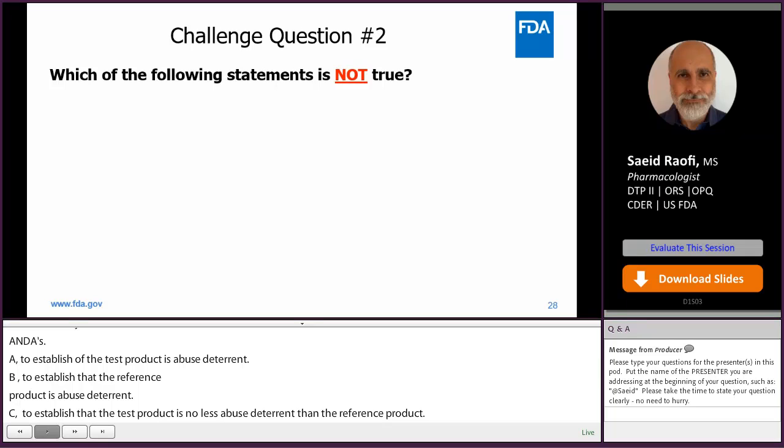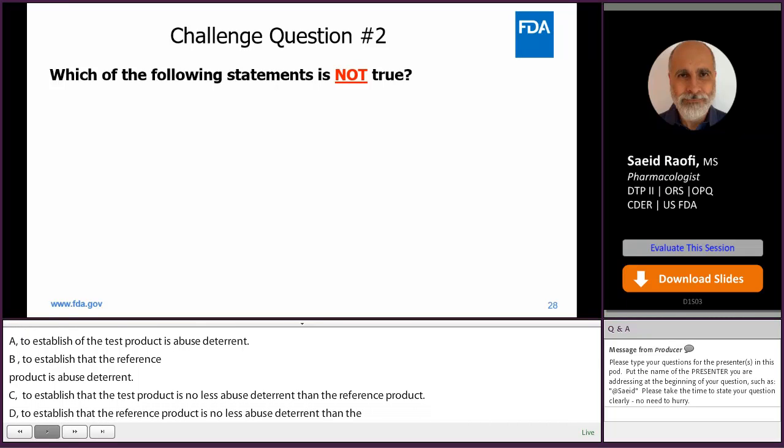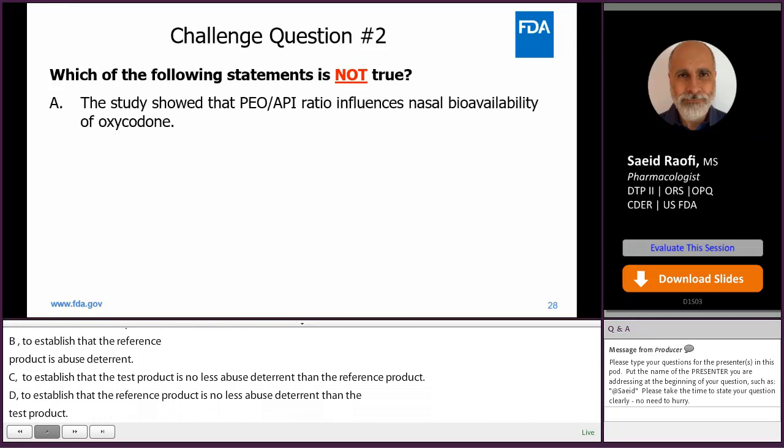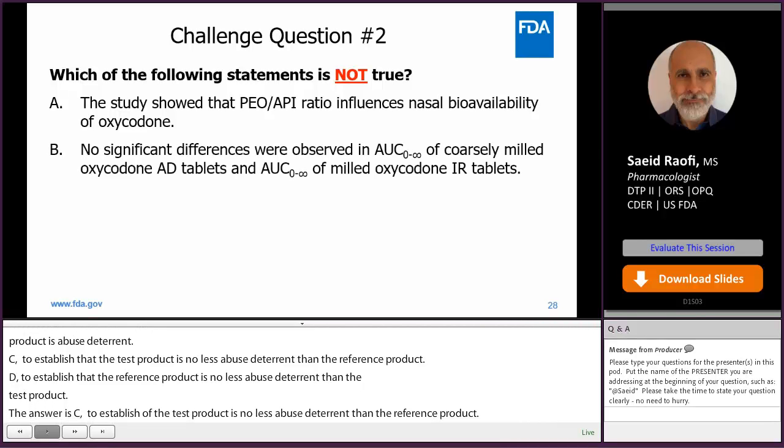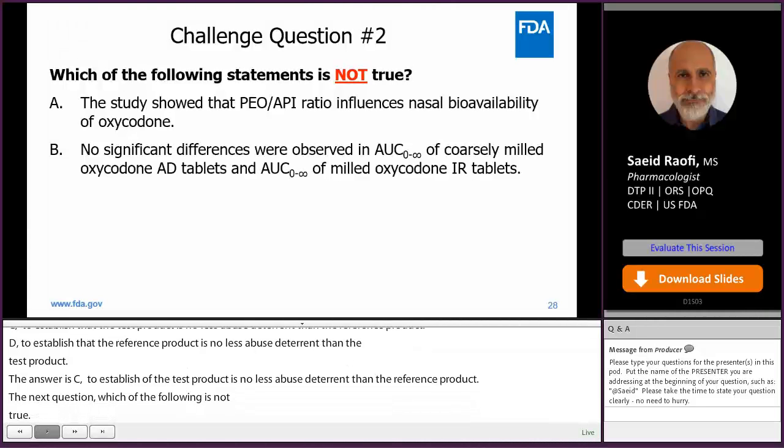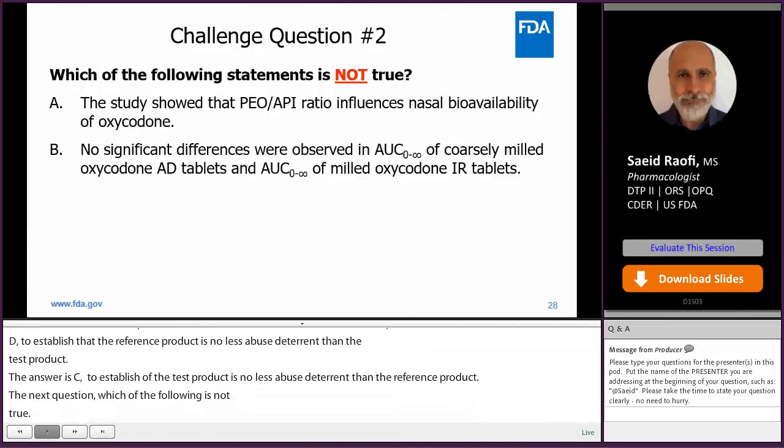Challenge question 2. Which of the following statements is not true? A. The study showed that PEO to API ratio influences nasal bioavailability of oxycodone. B. No significant differences were observed in AUC 0 to infinity of coarsely milled oxycodone AD tablets and AUC 0 to infinity of milled oxycodone IR tablets.